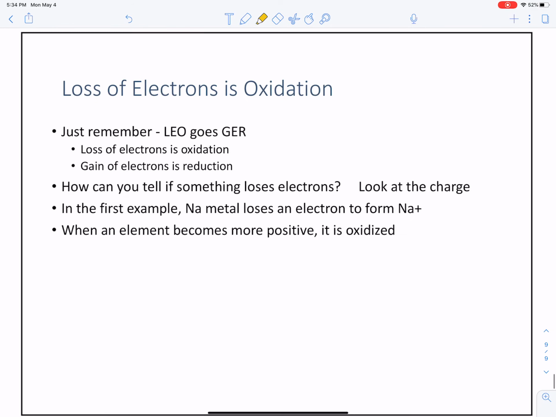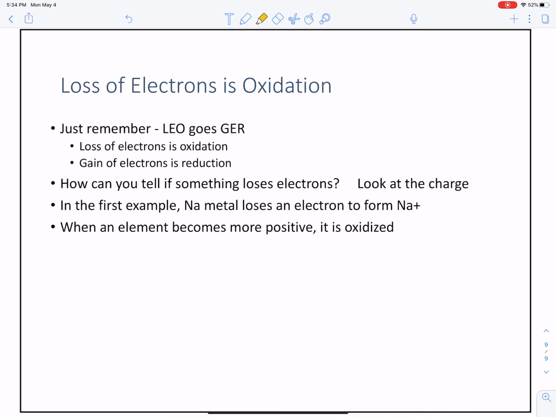Loss of electrons is oxidation. So some people like the lion version. Leo goes grr. Loss of electrons is oxidation, Leo. And grr is gain of electrons is reduction. How can you tell if something loses electrons? Look at the charge. If it becomes positive, how can you tell? It becomes, I'm going to say it this way, more positive.